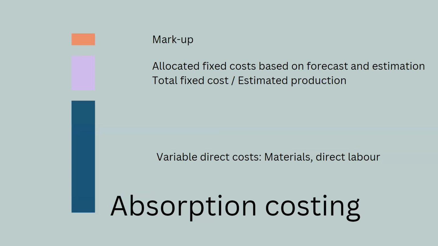When it comes to that, the fair share of fixed cost could be an argument. With absorption costing, it is quite easily calculated by taking the total fixed cost divided by the estimated production.